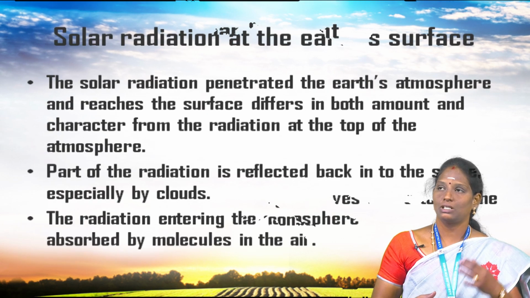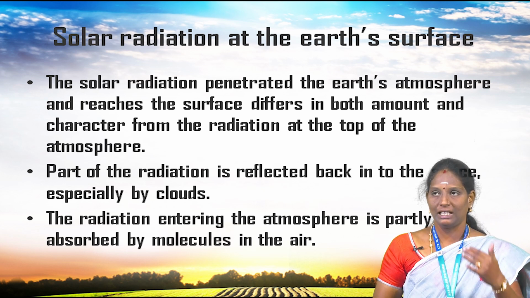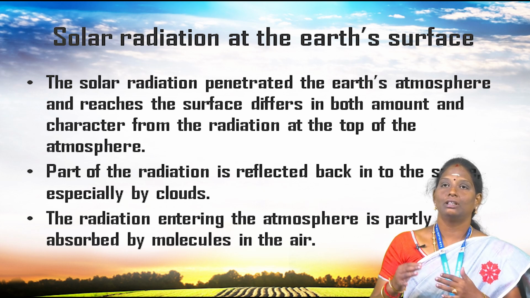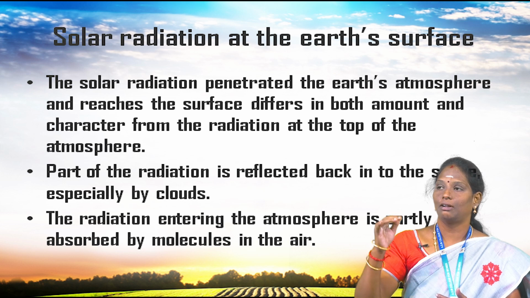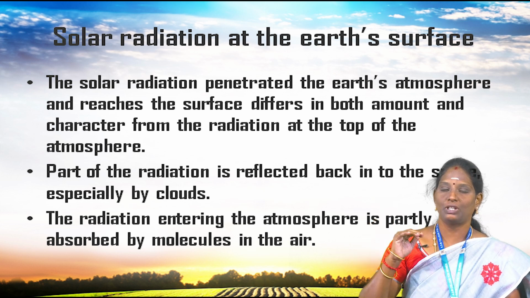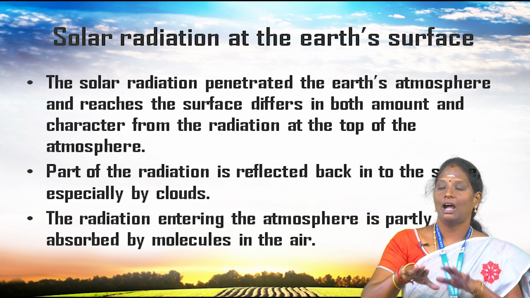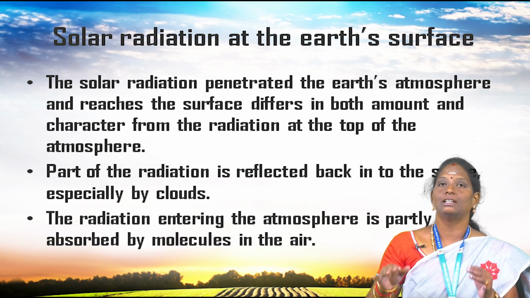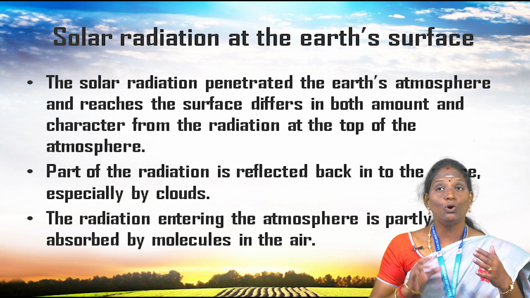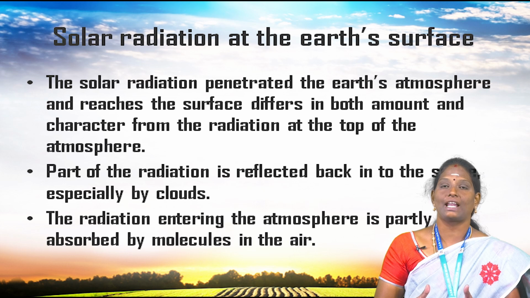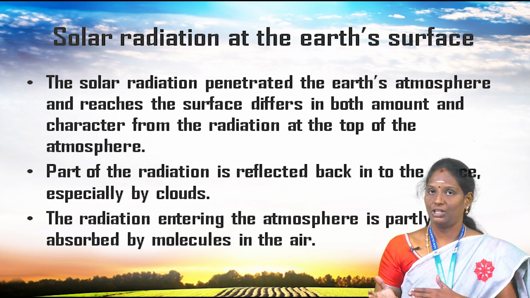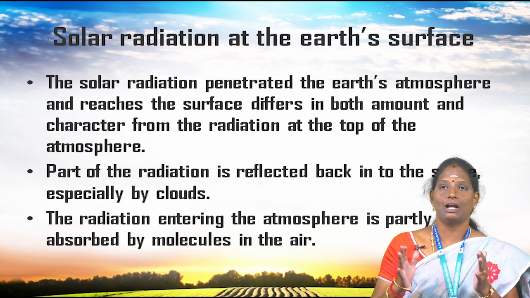How do we get the solar radiation at the earth's surface? The solar radiation that penetrates the earth's atmosphere and reaches the surface differs in both amount and character from the radiation at the top of the atmosphere.